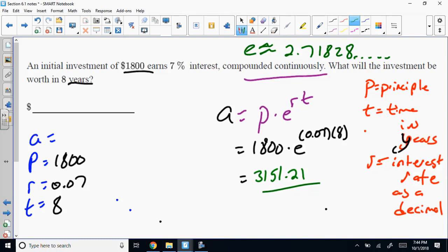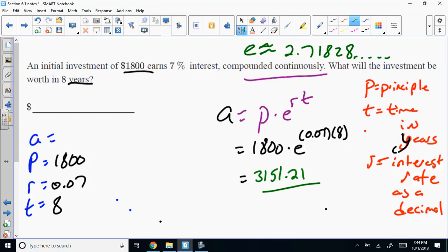Make sure the 0.07 times 8 is all tied up in parentheses. For the TI-36X Pro, it's the third button down on the left. E, power of E, and then 10.